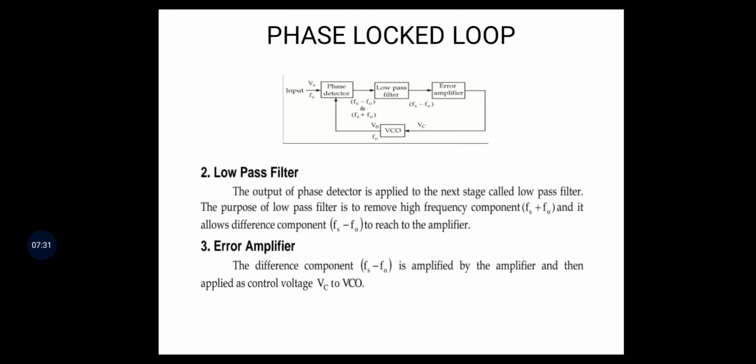Then in the PLL the next stage is the error amplifier. What is the function of the error amplifier? The difference component Fs minus F0 is amplified by the amplifier and then applied to the voltage controlled oscillator as a control voltage Vc.